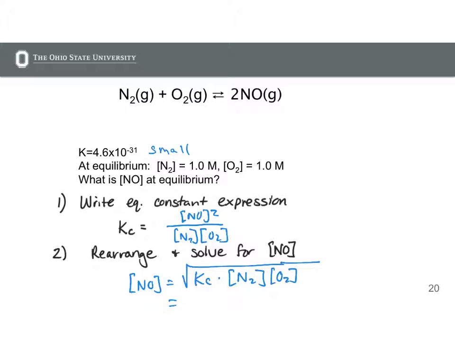And when you substitute in your K value and your concentrations of N2 and O2 and take the square root, you should get 6.8 times 10 to the minus 16 molar. So tiny. Questions on that?